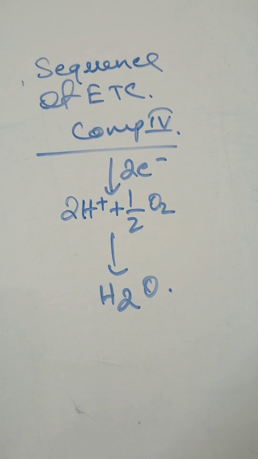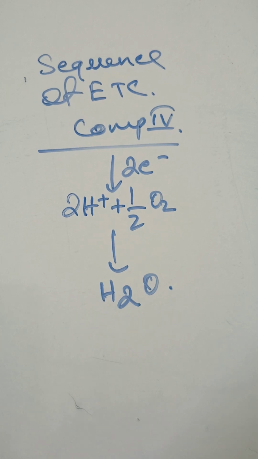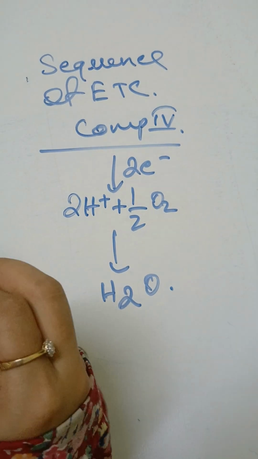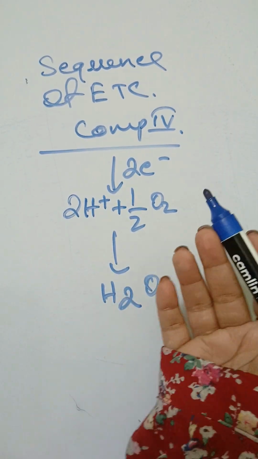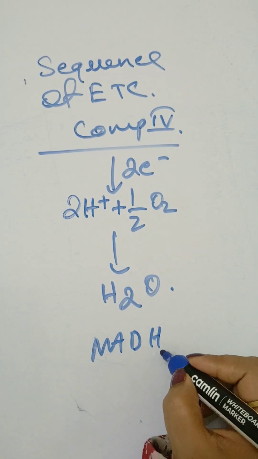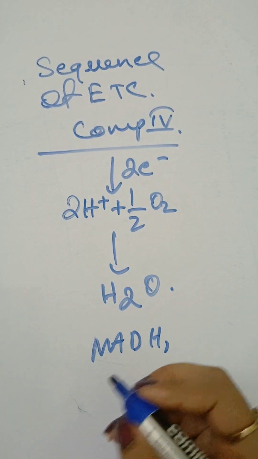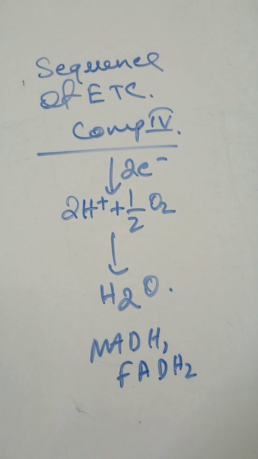So this is the total sequence of the electron transport chain, in which always remember that the free energy which helps to generate the ATP is extracted from the oxidation, or more importantly the reoxidation, of NADH and FADH2. From there the energy is extracted via the electron transport chain.